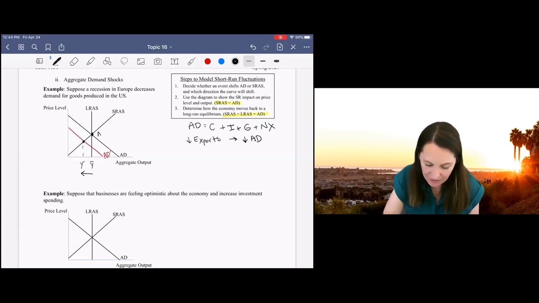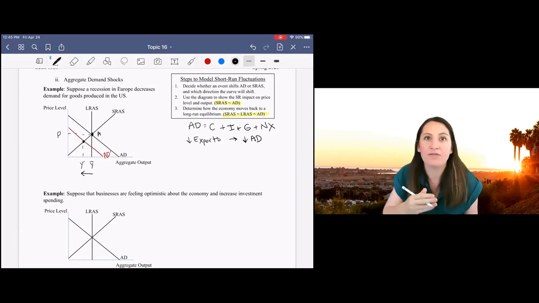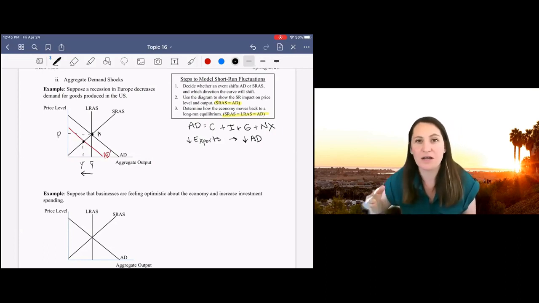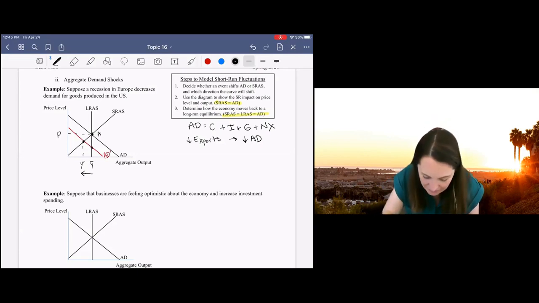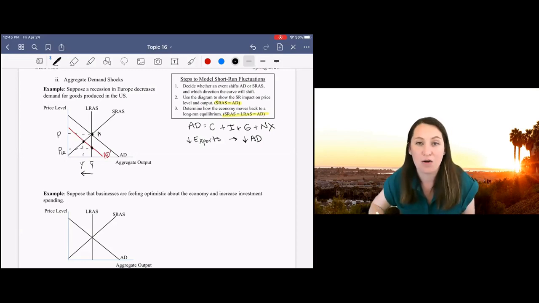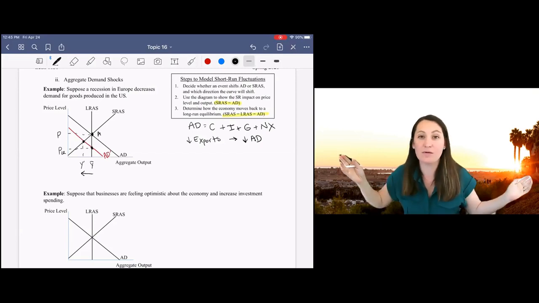So we started out at A, that's our original equilibrium. And if the economy was functioning perfectly and everyone magically overnight adjusted to the new price level, we would simply see a decrease in prices with no change in output. We can produce the same amount of stuff.